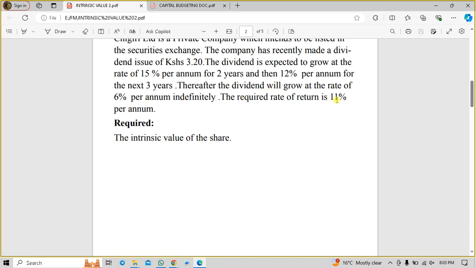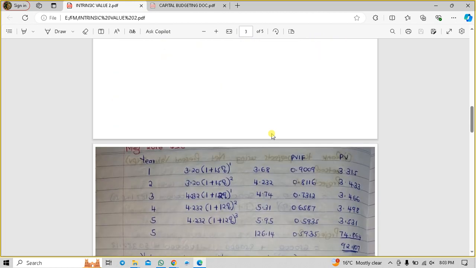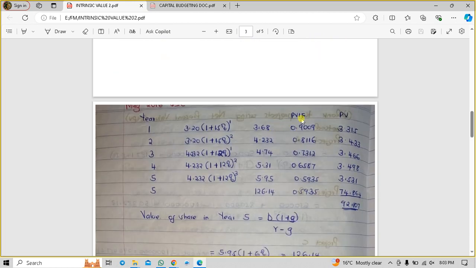This one, 11%. So we are going to say 1 plus R is to power negative n. R is the 11% and power negative n. N is what? The year.